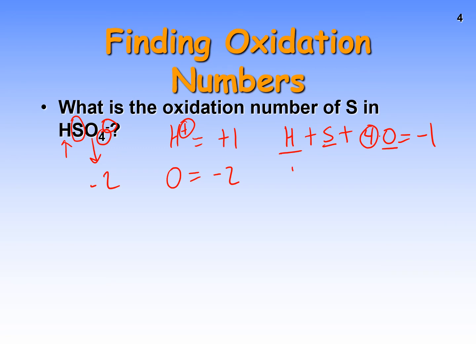So if we break this down, we have +1 from hydrogen, plus whatever sulfur's is, plus -2 times 4, the oxidation number of oxygen, has to add up to -1. In this case, that simplifies to S plus -7 equals -1, or in other words, sulfur is equal to +6. And that is my oxidation number on sulfur in this compound.